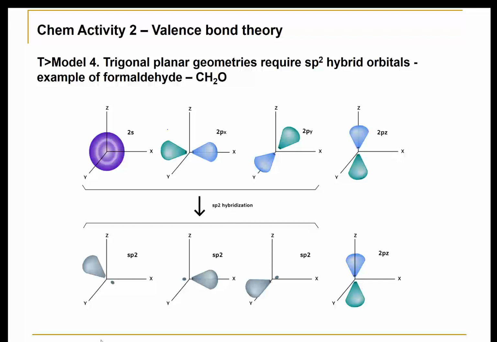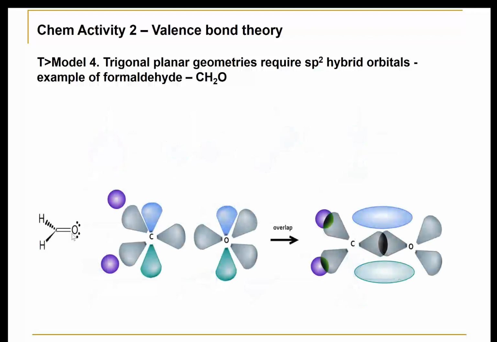Now, how does this explain the bonding in formaldehyde? Well, carrying on, we see a wedge and dash representation of the formaldehyde molecule. And then we see carbon, which is sp2 hybridized, as well as we will see later, oxygen is also sp2 hybridized. Why oxygen adopts sp2 hybridization will be explained in a subsequent lesson. So carbon, with its 3 sp2 hybrid orbitals, and then its 1 p orbital.